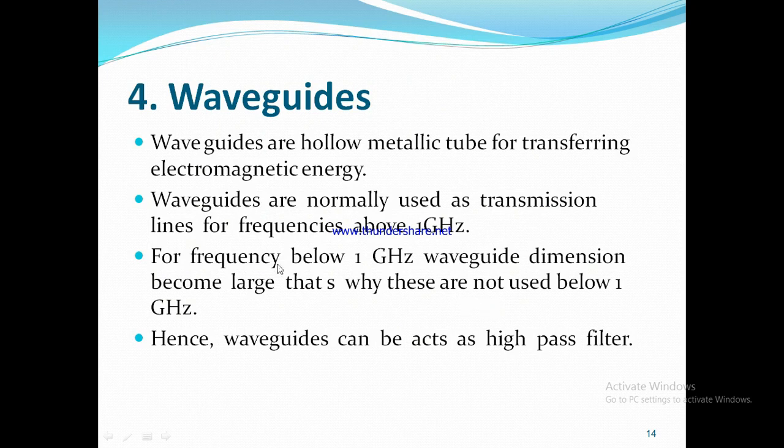Okay, so next one is waveguides. Waveguides are hollow metallic tubes for transferring electromagnetic energy. They are normally used as transmission lines for frequencies above 1 GHz.